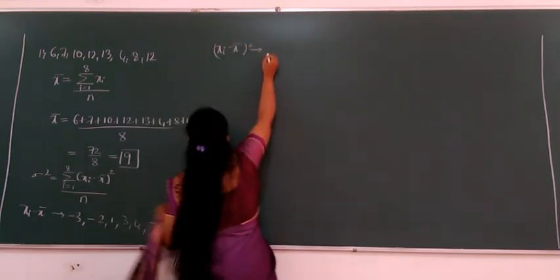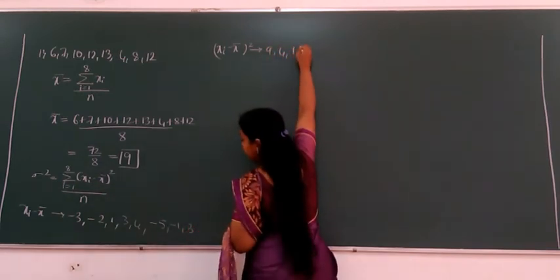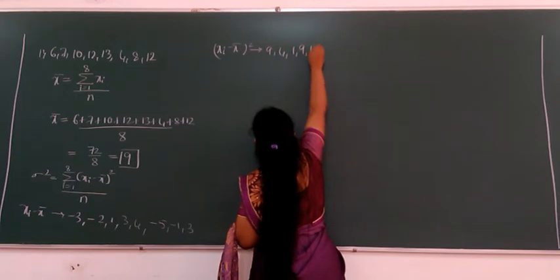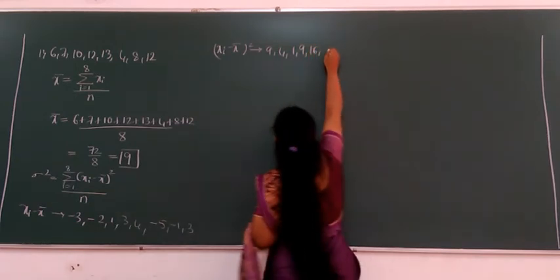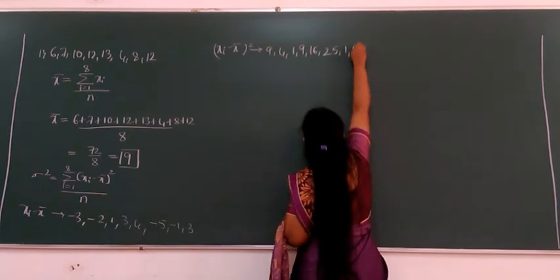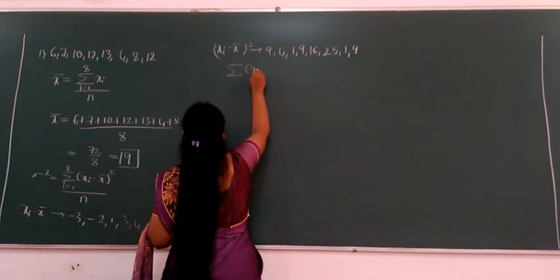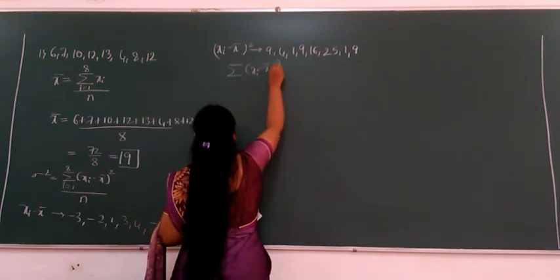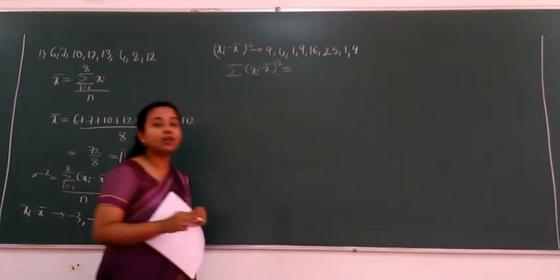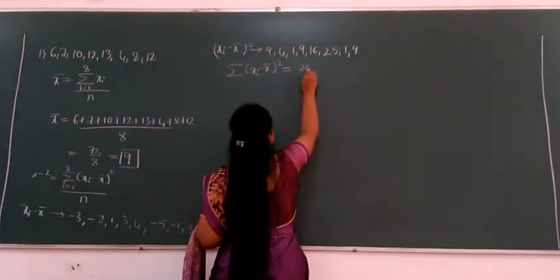So 3 square is 9, then 4, 1, 9, 16, next 25, 1 and 9. So we get the summation of (xi minus x bar) whole square by adding all these observations. The total sum is 74.